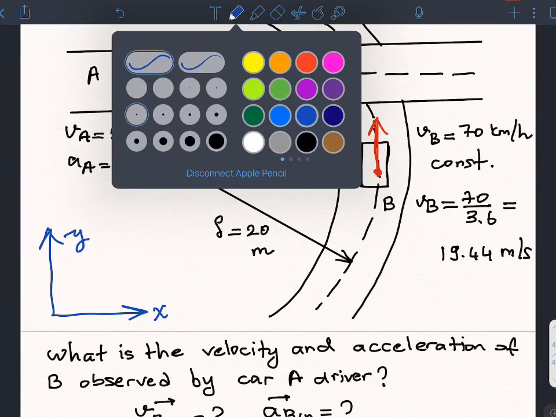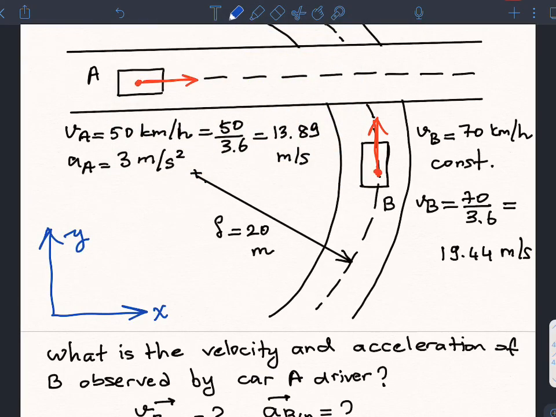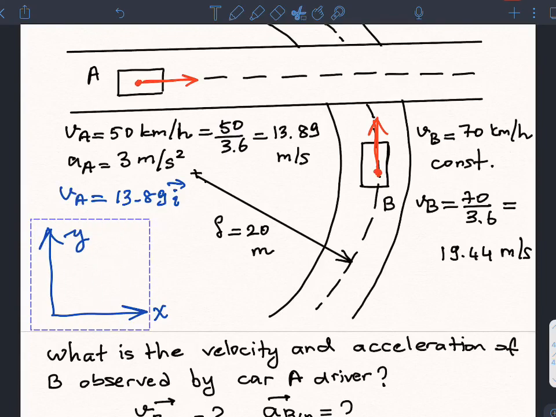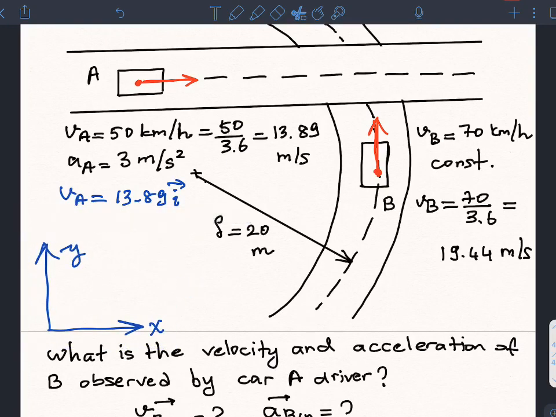Based on this, if I want to write as Cartesian vectors, let's start with VA. VA is going to be 13.89i. Why? Because it is going towards the right, so the unit vector is going to be in the i direction. And similarly for acceleration of A, let me put our xy coordinate down a little bit here.